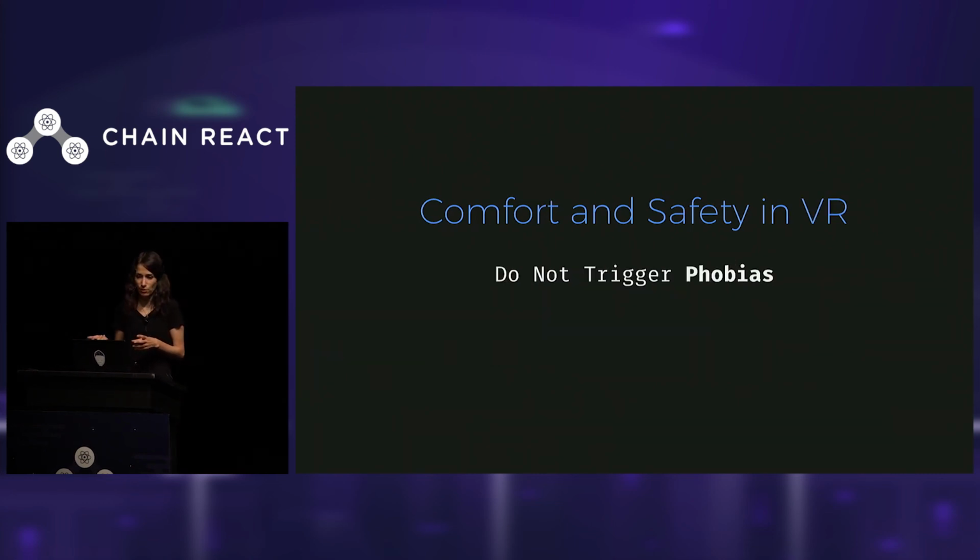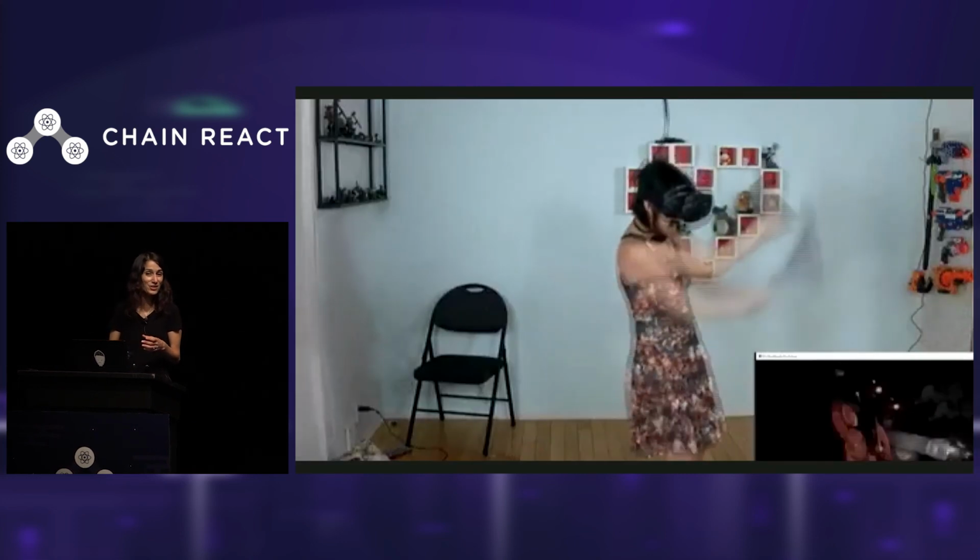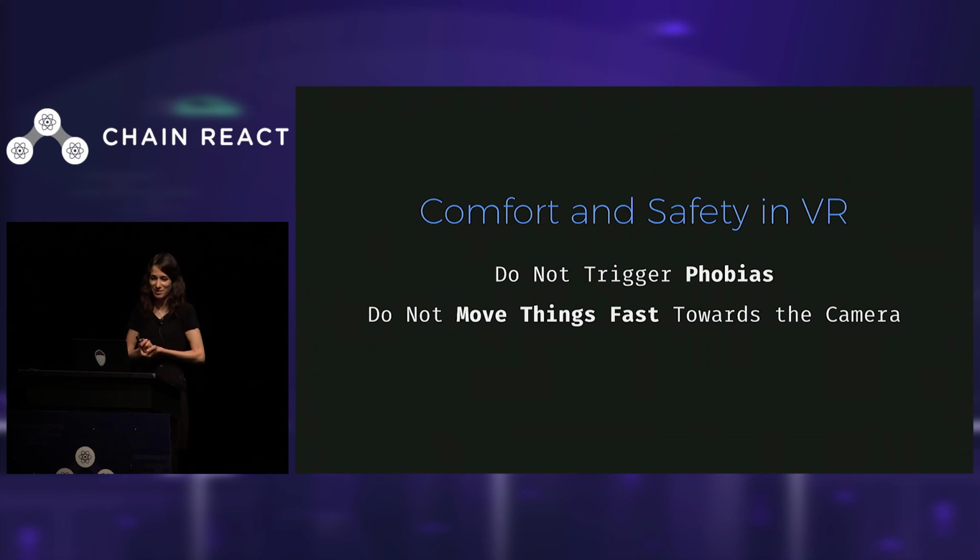Now, what can we do to make our users safe and comfortable in a virtual environment? First of all, we can avoid creating environments that may trigger phobias, like large, empty rooms, small rooms, heights, or standing on a stage, speaking in front of all these people. And especially, you should warn them beforehand. Also, we do not want to move things fast towards the camera, especially sharp or dangerous or gross things.